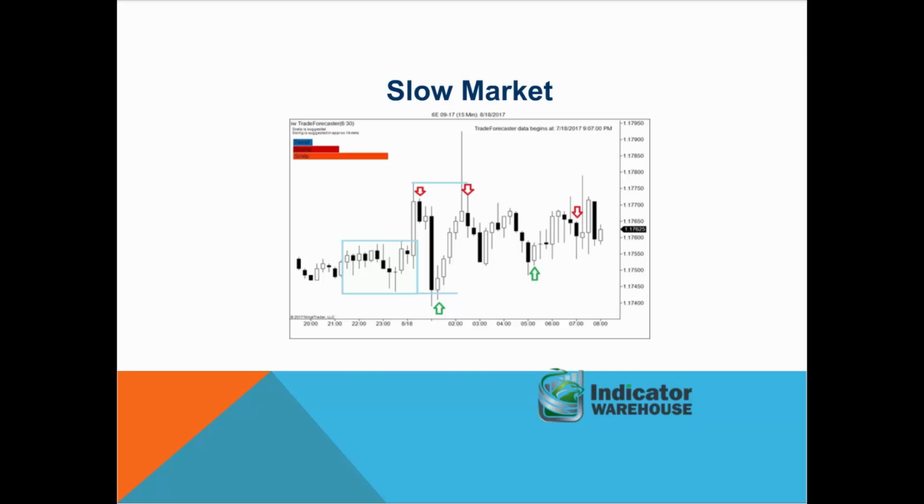So here's that slow-moving market chart that we were looking at earlier, and you can see the little blue rectangle that I have there on the left side of the chart kind of highlighting the trading range. And then look at that big breakout bar to the upside. And what happens the very next bar? Yep, you got it. It reverses on itself and falls and breaks the bottom end of that earlier trading range. What happens after that, you ask?